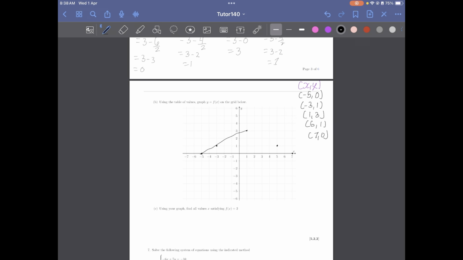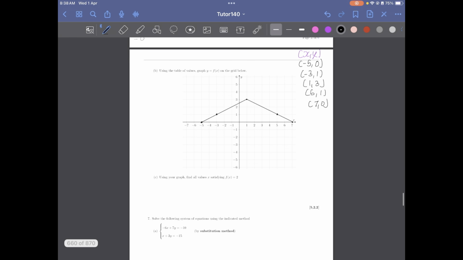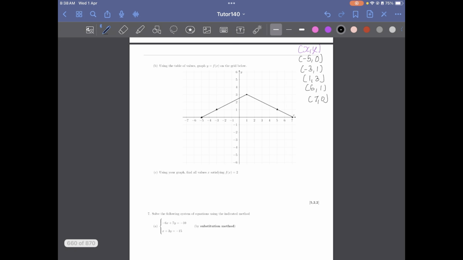So now we're just going to connect the line. There you go.